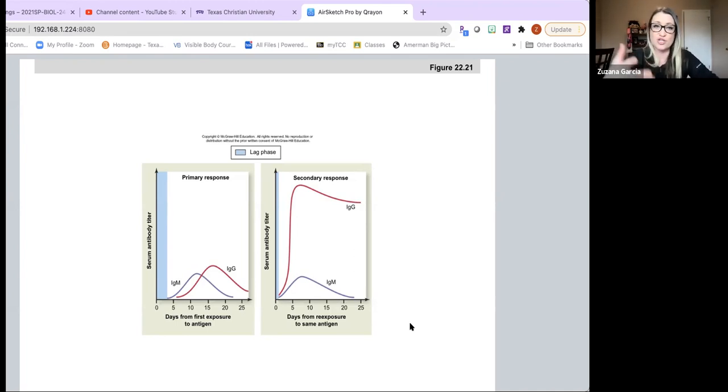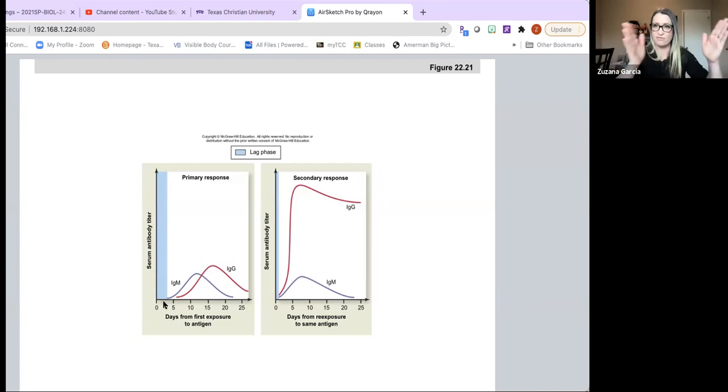Upon first exposure, you only have those few lymphocytes that are able to recognize an antigen. So this is going to take a while. The first meeting of the lymphocyte and the antigen is known as the antigen challenge, and that's what is going to create those memory cells. You can see that it takes several days for the antibodies to even start being formed.